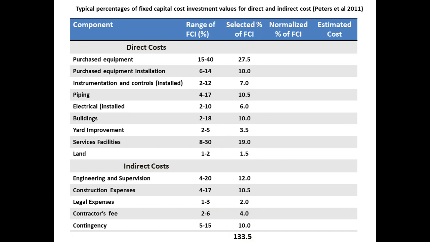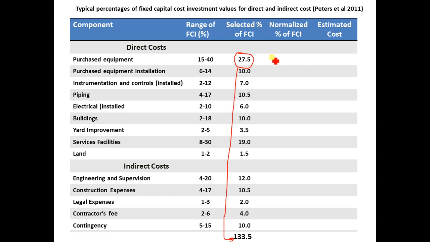This is more than 100. For that reason, we're gonna normalize it. We're gonna normalize this value to 100. How do we normalize? It's very simple. So what we're gonna do is, to get normalized percent of FCI for purchase equipment is gonna be the selected percentage over the total, then times 100.